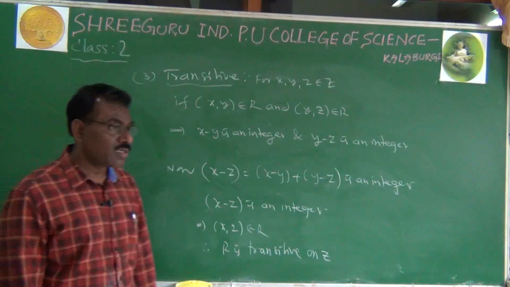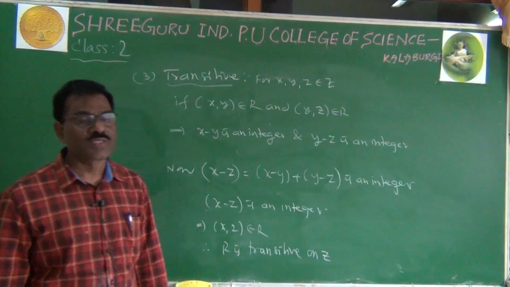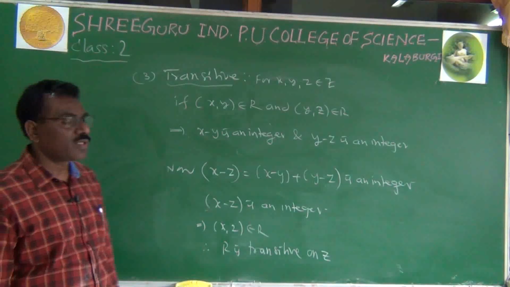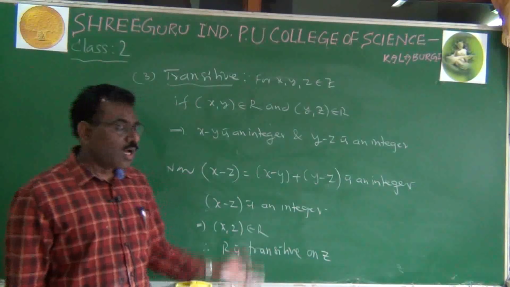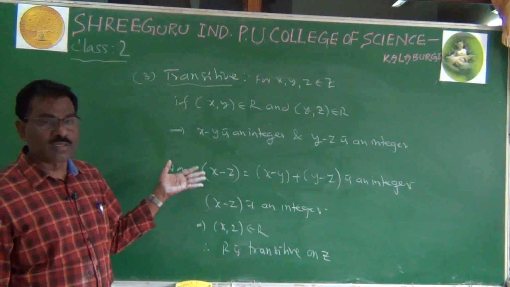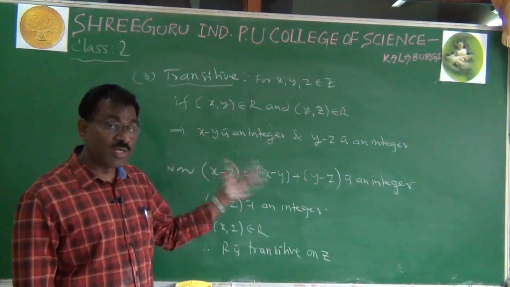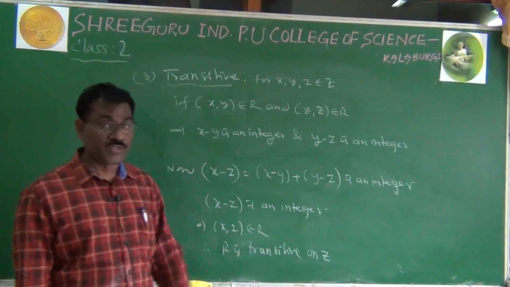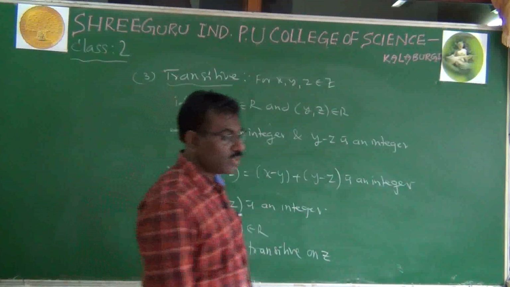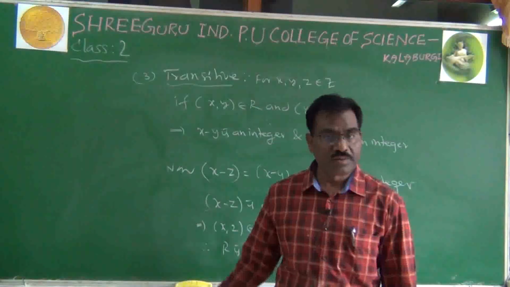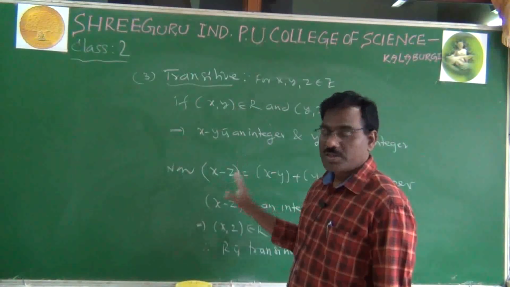Hence the relation R is an equivalence relation. But he is not asking about equivalence relation; he is asking to determine whether the relation R is symmetric. When the question asks to show that the relation R is an equivalence, you have to write that it satisfies reflexive, symmetric, and transitive.